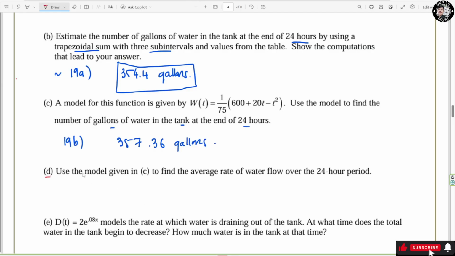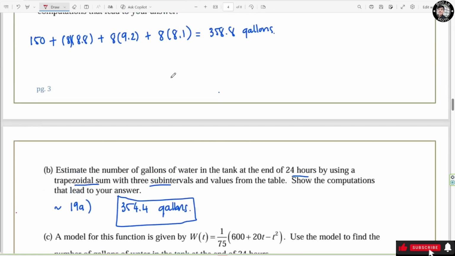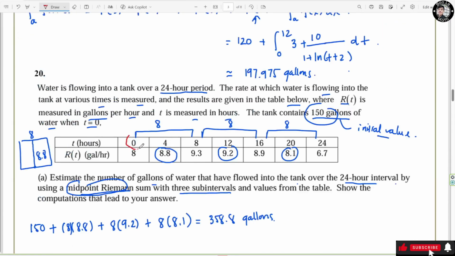Question D. Use the model given in question C to find the average rate of water flow over the 24-hour period, right? So remember, we have the average formula. It's going to be 1 over (b minus a), integral from a to b of f(s) ds. This one is the formula, so we're going to use this one. So we look at the table right here. It should be from 0 to 24, right?